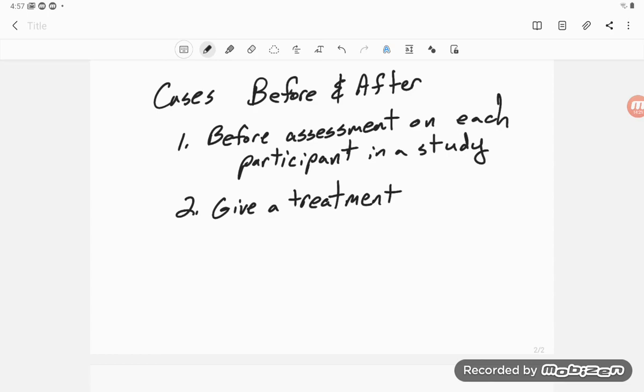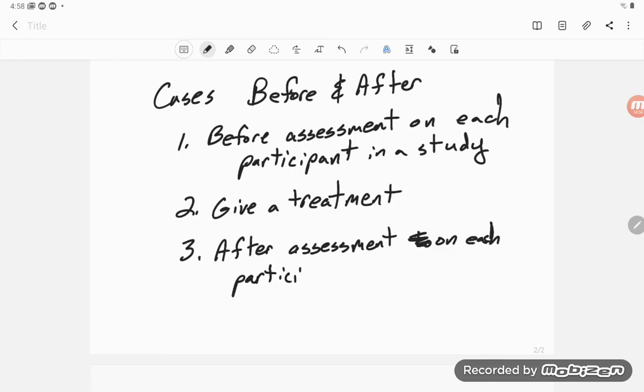It could be a therapy of some kind, all sorts of different things. But I give some sort of treatment. And then after that treatment, at some point, I give an after assessment on each participant.